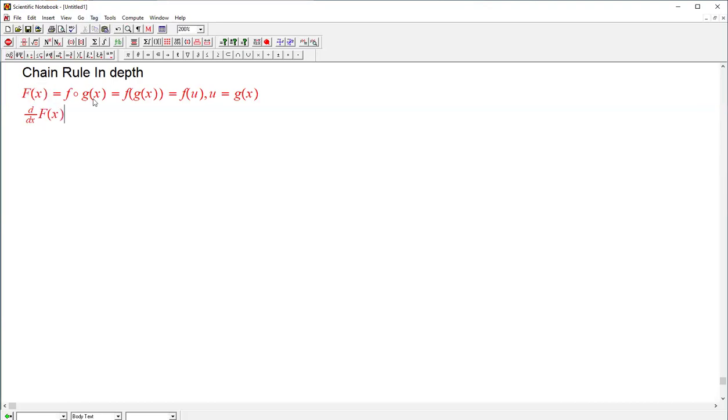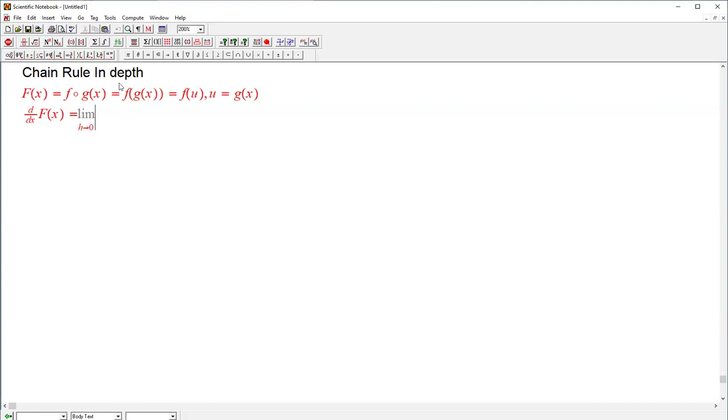Now, I'd like to explain what we mean by derivative with respect to x. By definition, the derivative of F of x, assuming it is differentiable, is defined as the limit as h approaching 0.